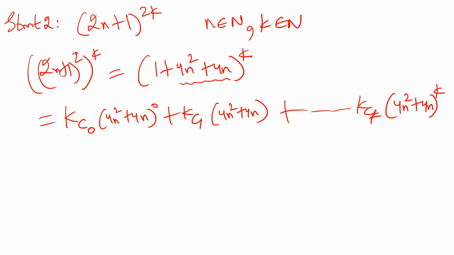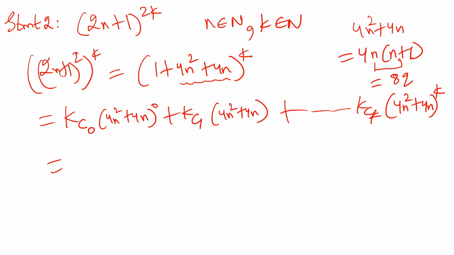Now students, this 4n square plus 4n is nothing but 4 into n plus 1. And we know that out of n and n plus 1, there will be exactly one even number. That means there will be one number which will be having 2 as a factor. So that means this 4n into n plus 1 can be written as a multiple of 8. Or I can write it as 8q, where q is a natural number.